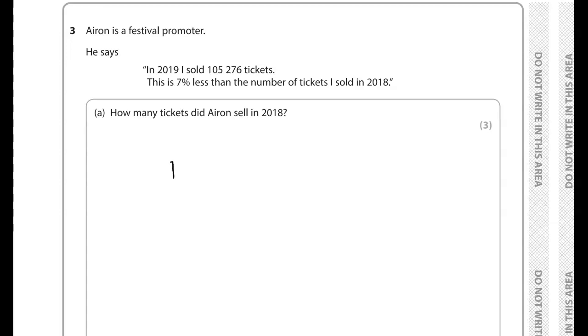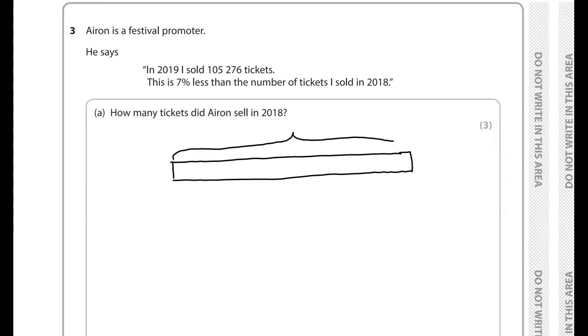So if we think of 2018, the number of tickets was greater than it was in 2019. So here we have 2018. The tickets, which we don't know how many was. But let's say it was more than the number of tickets in 2019, because we're given that information.